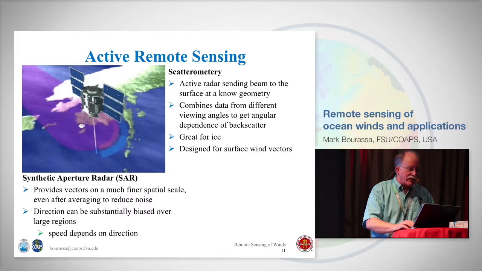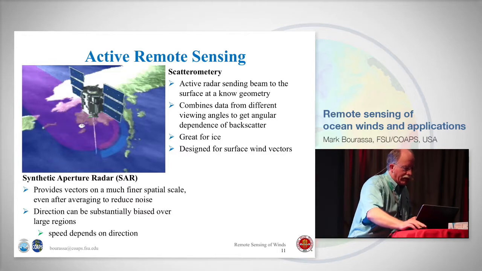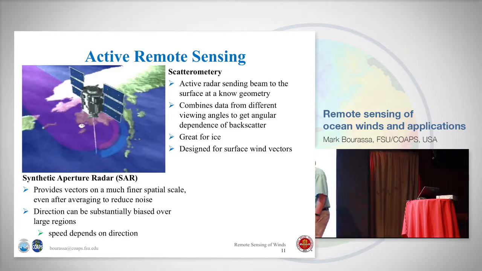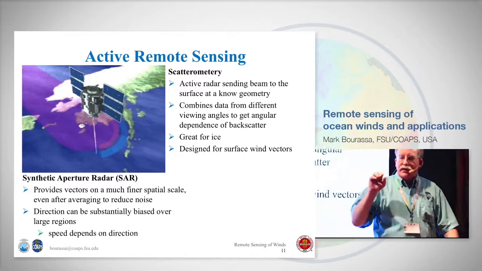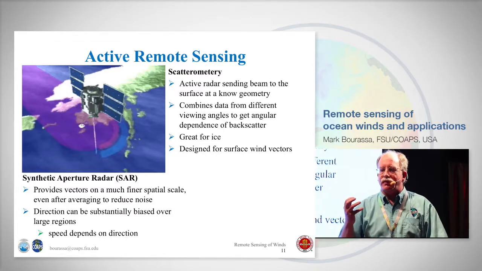So in this particular example, it's a movie I can run, I've got the mouse, maybe. Apparently not. Okay, so this is a picture of QuikSCAT made by David Long, and it is a radar. It's an active sensor. It sends out a pulse down to the surface, and it measures the fraction of that energy that comes back.